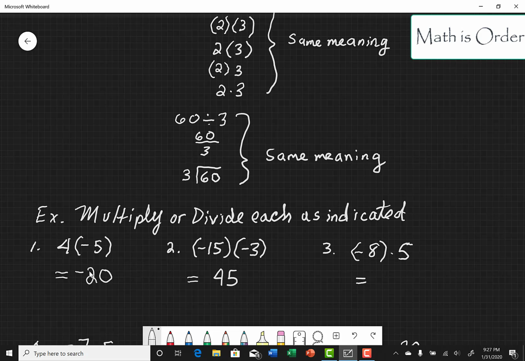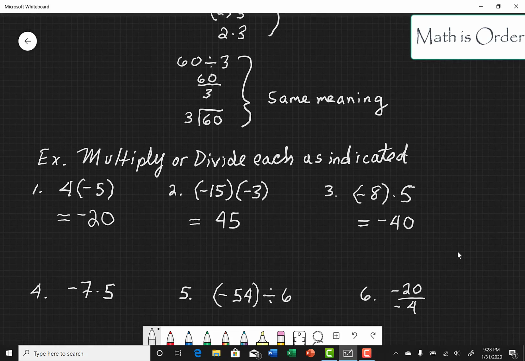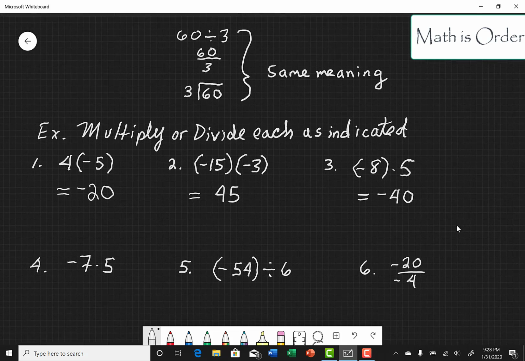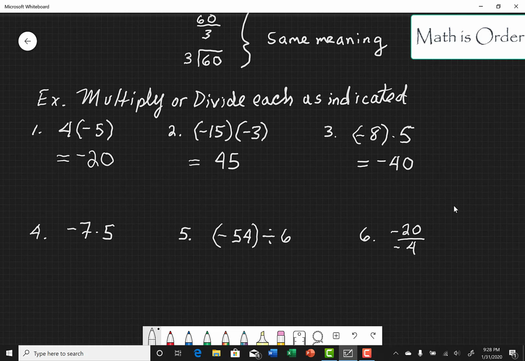This will result in a negative based on our rules. All right, so for multiplication, I hope you see how we're doing these multiplication problems. And looking at number 4 here, we have a dot that tells us to multiply. And here we've got a negative times a positive, which results in a negative.